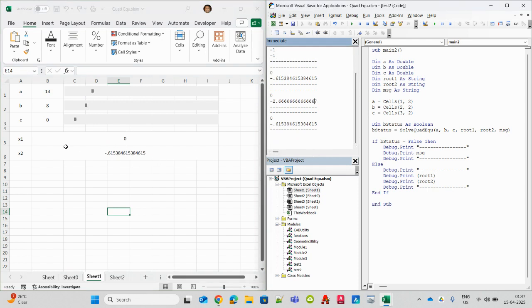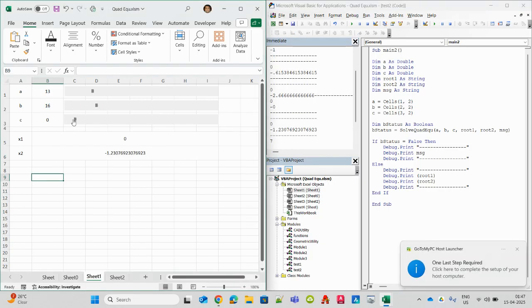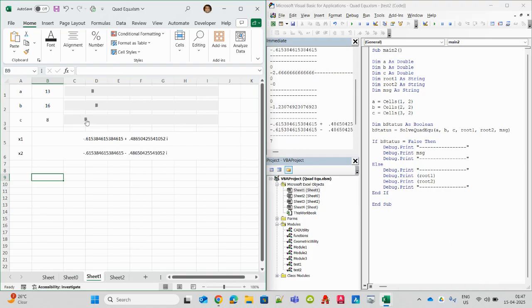This x1 and x2 are the roots, and those are printed here also. As you change any of the slider values, it recalculates the quadratic equation and prints the roots here. Now this is just numbers, either real or complex, printed here.